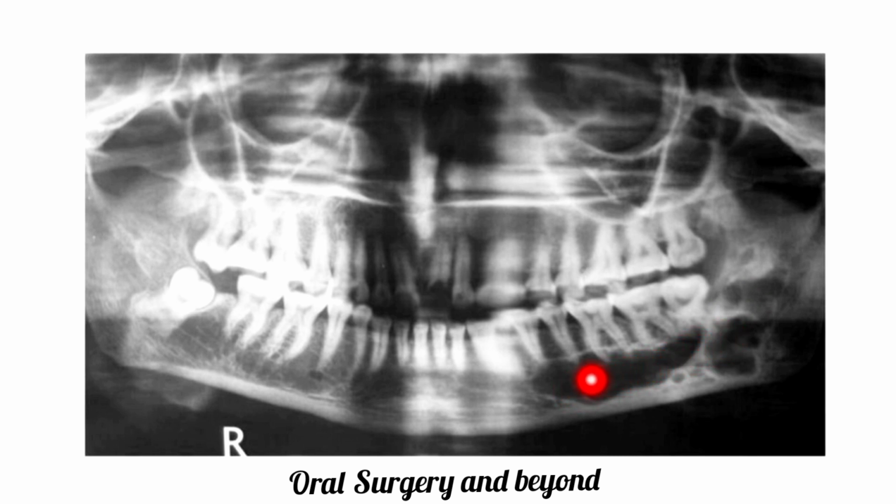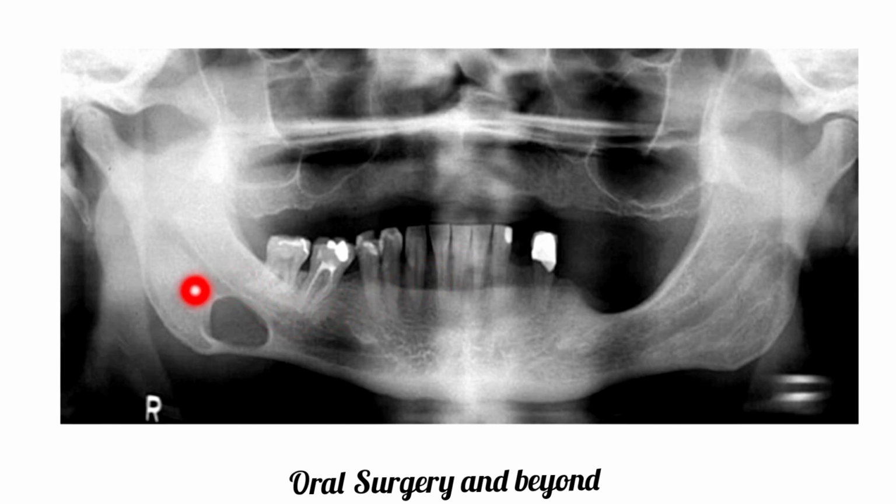Now it is considered a keratocystic odontogenic tumor. Because it is not as aggressive as ameloblastoma, the apices of the teeth are not resorbed and not even displaced. So this is the main differentiating factor between ameloblastoma and KOT.